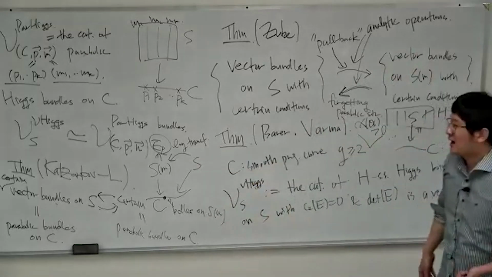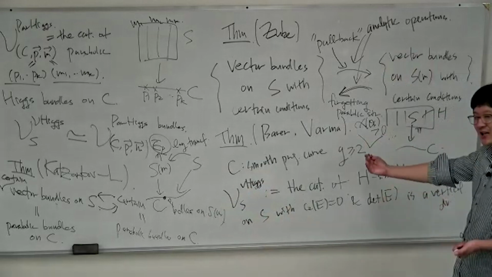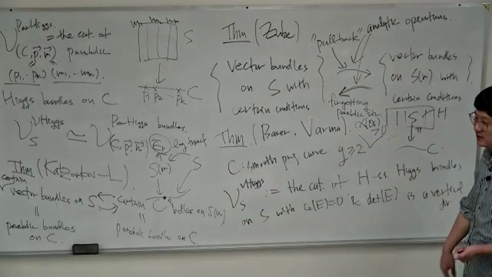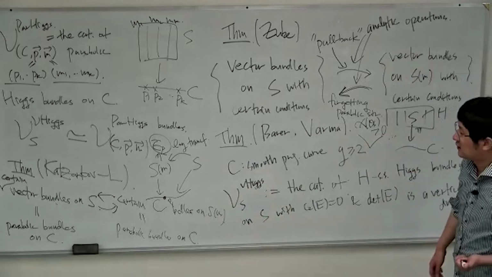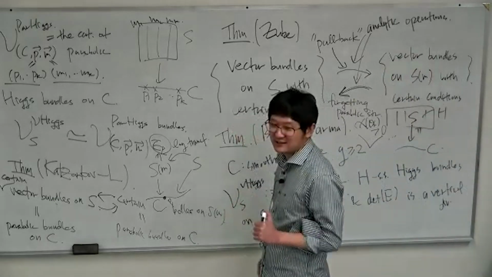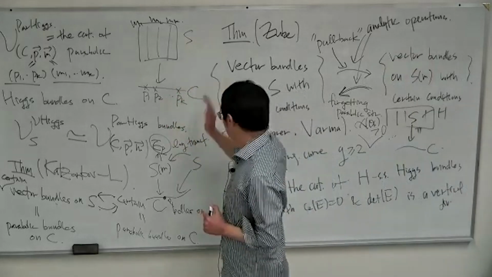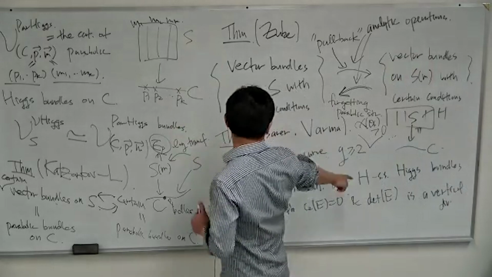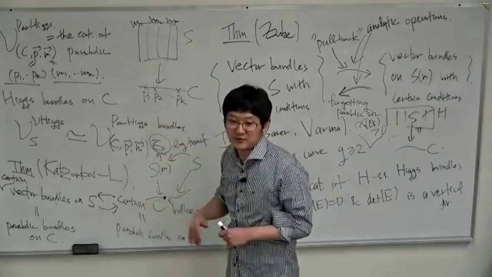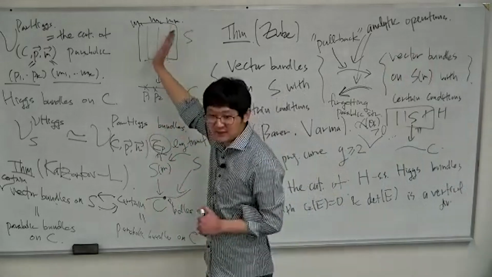Of course, it's an interesting question what happens if we change this H. And H doesn't show up in the right hand side category. Right, exactly. H doesn't show up in the right hand side because here H is just a sufficiently ample divisor, meeting each fiber very positively.